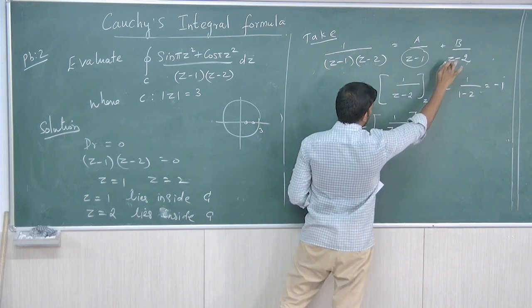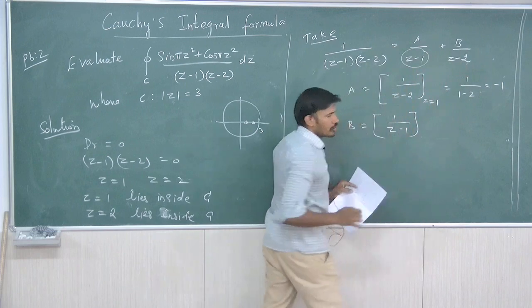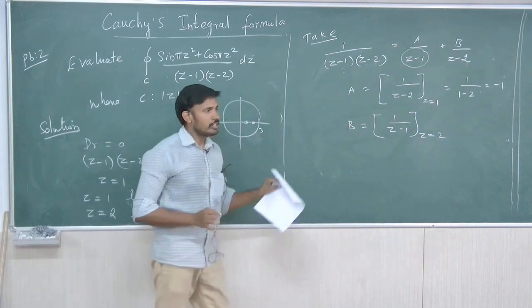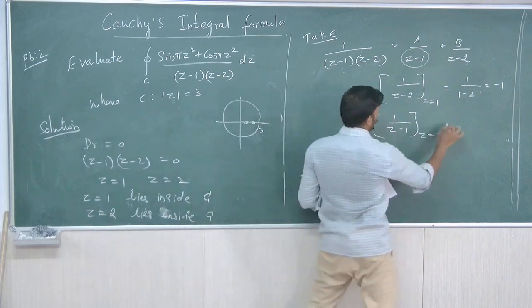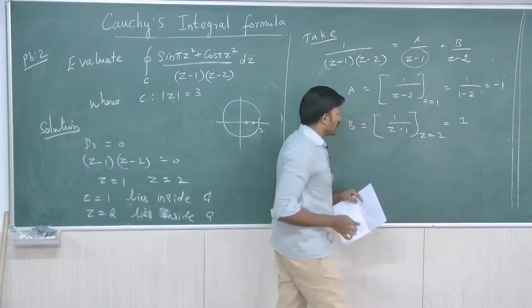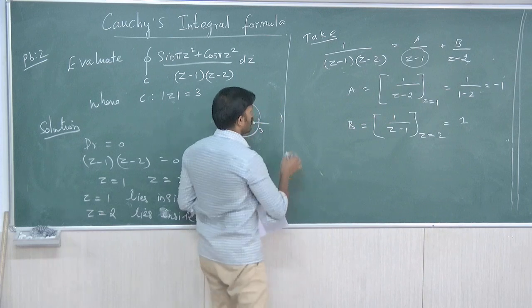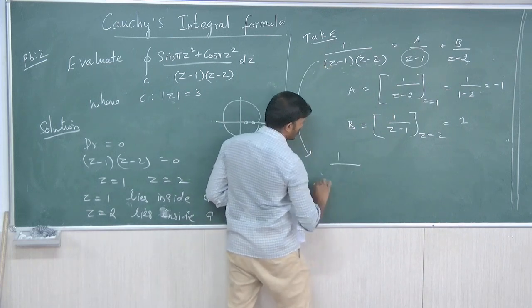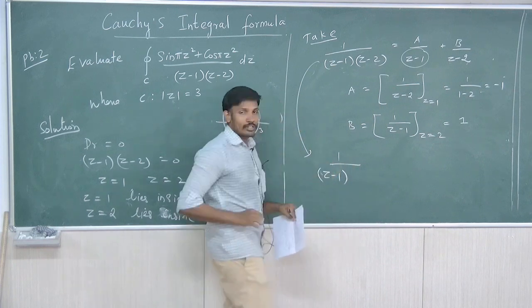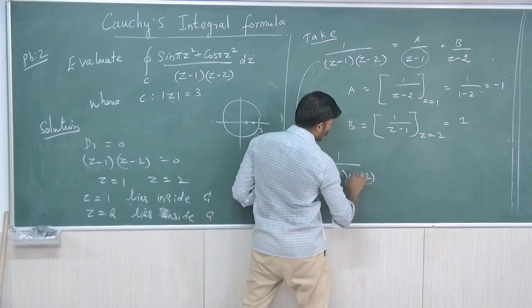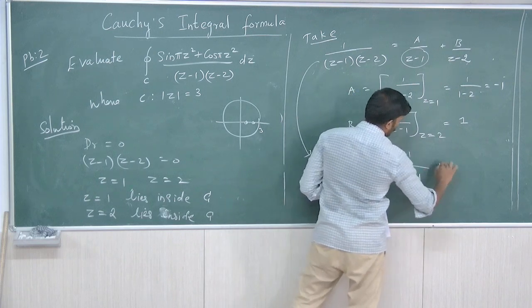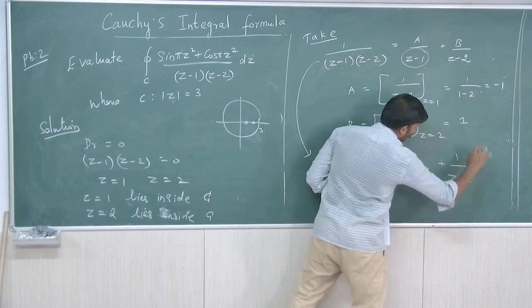If you substitute z equal to 2, that term is going to be 0. So I substitute z equal to 2 in the closed bracket. From that, you may get b equal to 1. So now, by using the assumption, I am going to write 1 by (z minus 1)(z minus 2) equal to minus 1 by z minus 1 plus 1 by z minus 2.